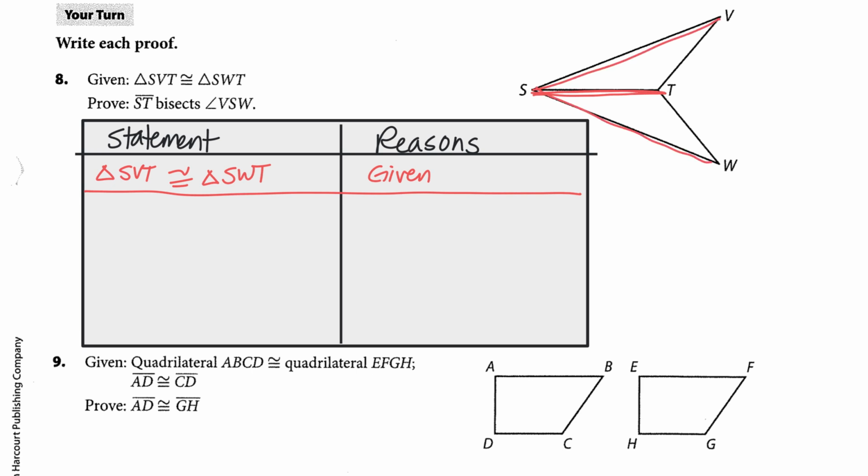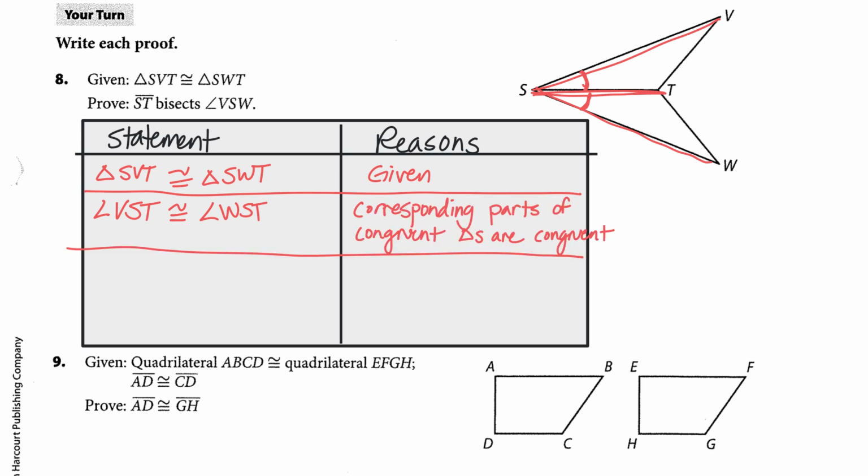In order to do that, we need to show that this angle and this angle are the same. So let's start there. Angle VST is congruent to WST, and that's true because V is the second letter, S is the first, T is the last. W was the second letter, S was the first, and T is the last. So those are corresponding parts, which means they are congruent.